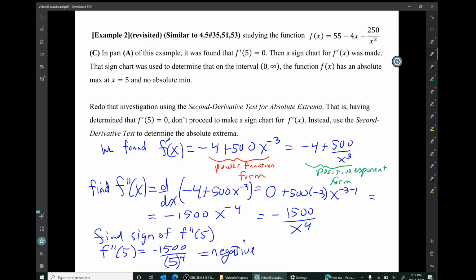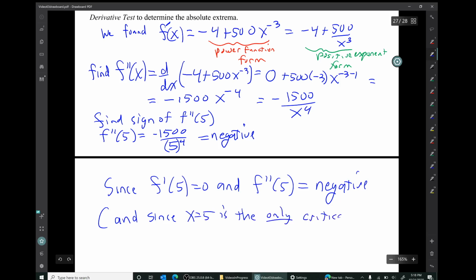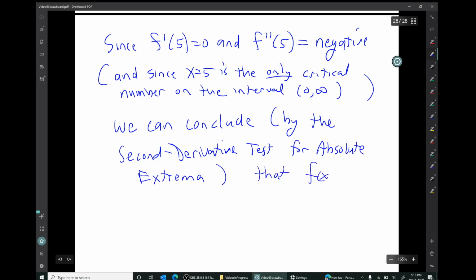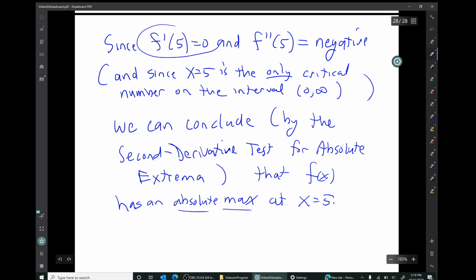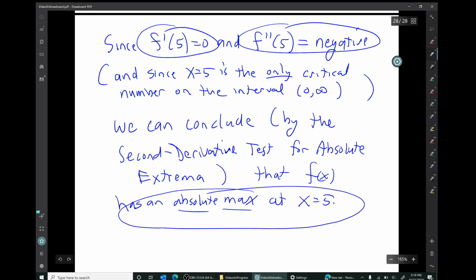So let's write our conclusion. So our conclusion is that since f prime parentheses 5 is 0 and f double prime parentheses 5 is negative, and because we know that that is the only critical number on that interval, then that must be the location of an absolute max for the function.